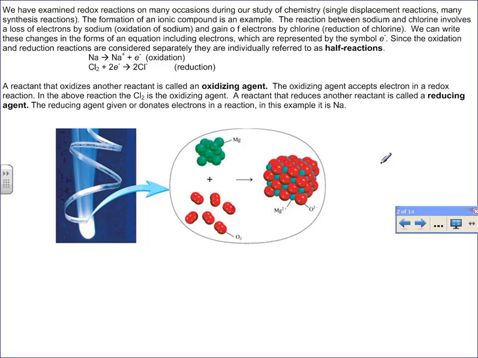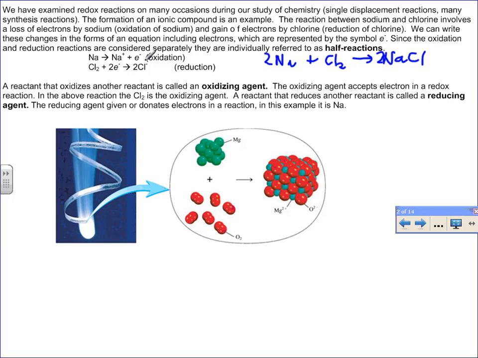So if we look at the case of sodium chloride being formed, so the reaction of sodium plus chlorine to form sodium chloride, we can look at the two half reactions that are occurring here. So in this case, the sodium is forming sodium ions. In the process, it has lost an electron.